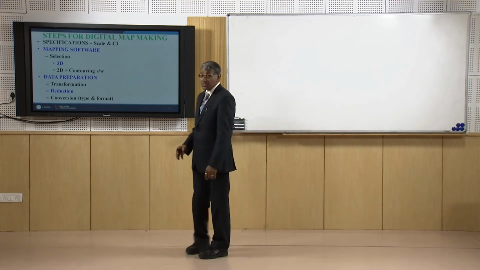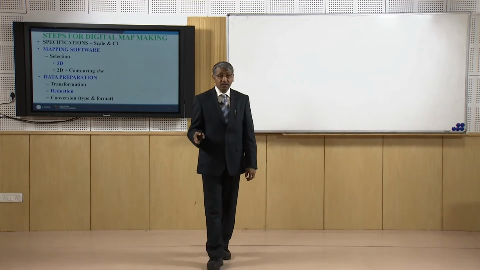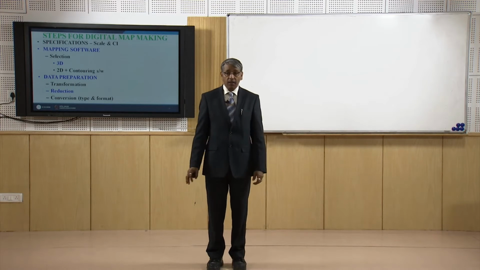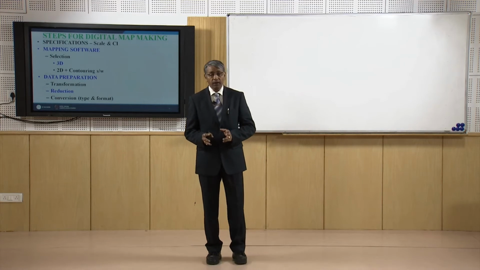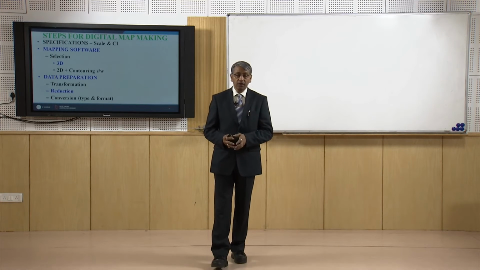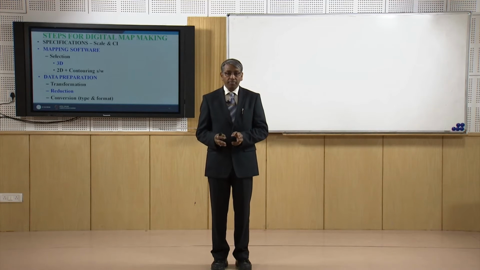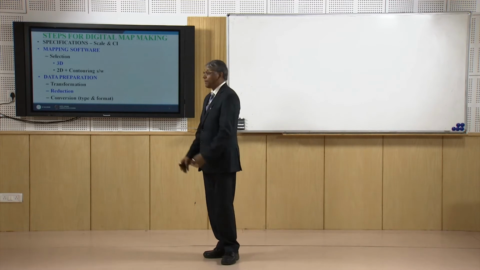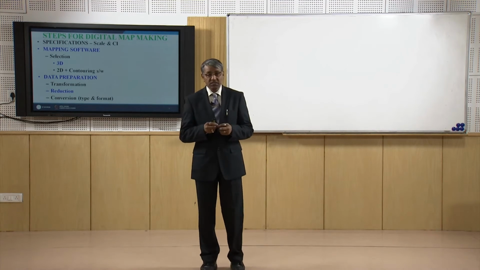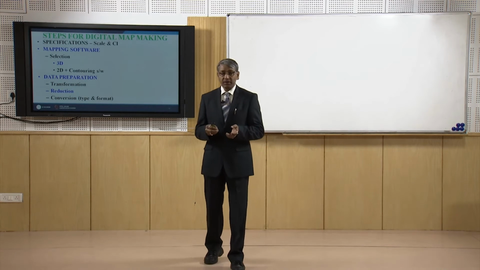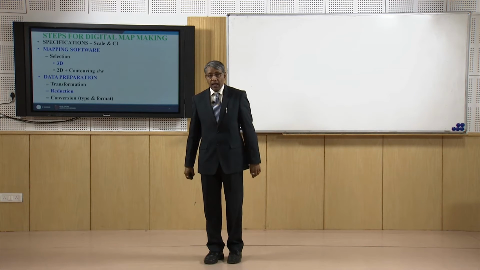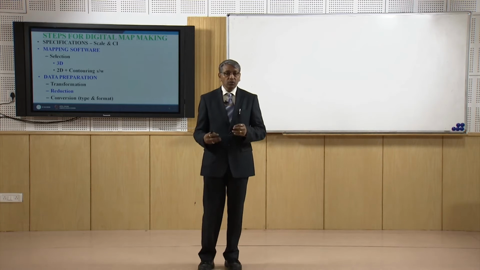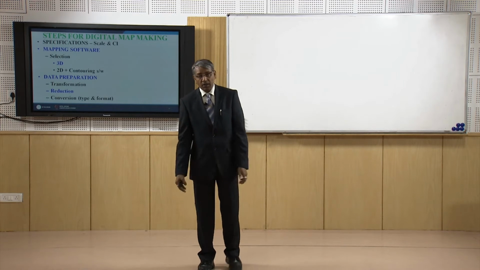Specifications I have already discussed in some other classes, but the most important point to be considered during map preparation is the scale of the map, that is, what will be the scale in planimetric mapping, and what should be the contour interval.